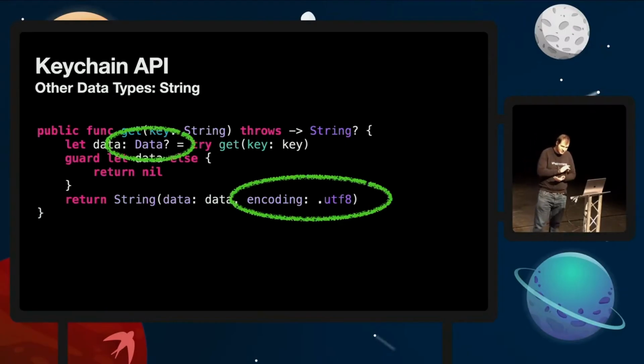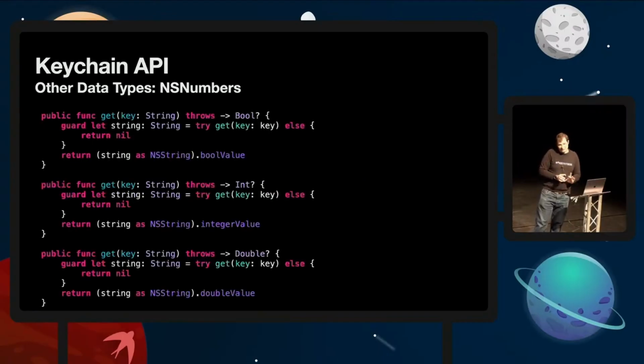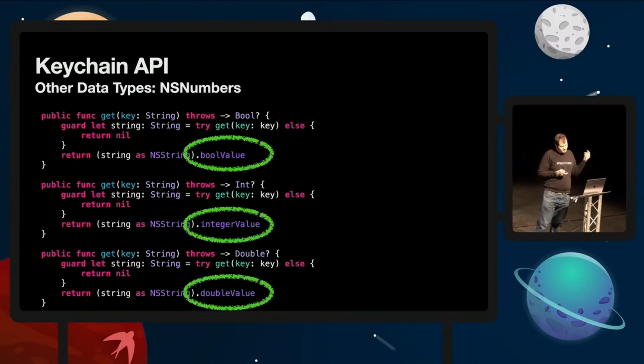If there is any error, we just return nil and throw an error. The same applies, for example, for the NS number or number-like types, because NS number can be encoded into string. We can use that now with our string method to support boolean, integer, double, and any value that could be converted to NS number and to a string respectively.